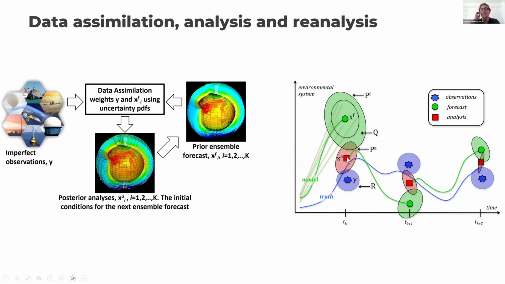And this is done using data assimilation, okay? This is just one point, but remember that you have 10 million cells in the model, and you have 10,000 observations coming from satellite data, gliders, Argo buoys, whatever.